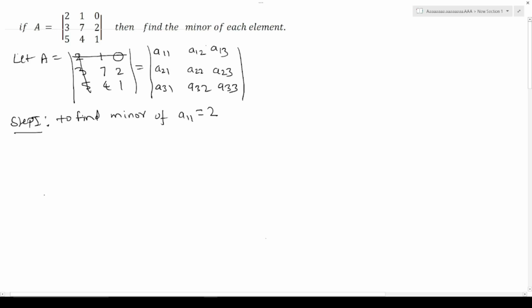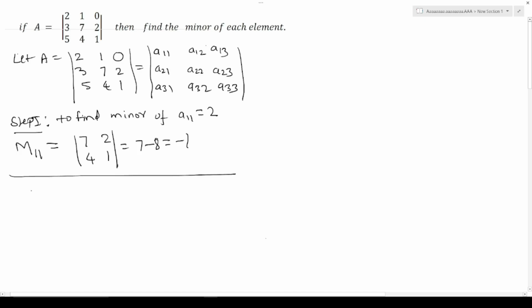What is left? 7 2 4 1. So the minor M11 equals the determinant of 7 2 4 1, which equals 7 minus 8, which equals minus 1.